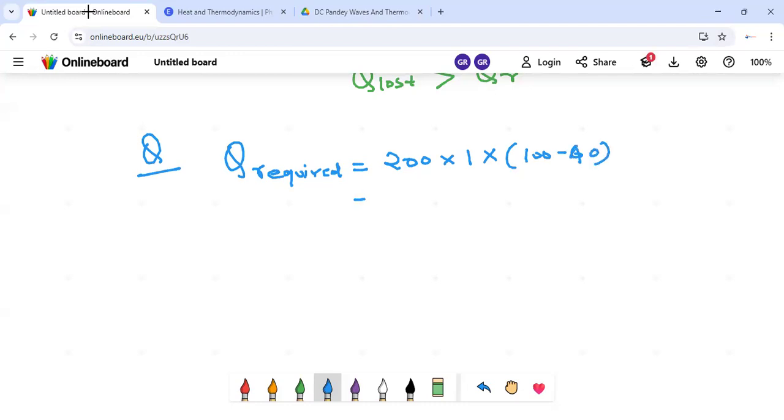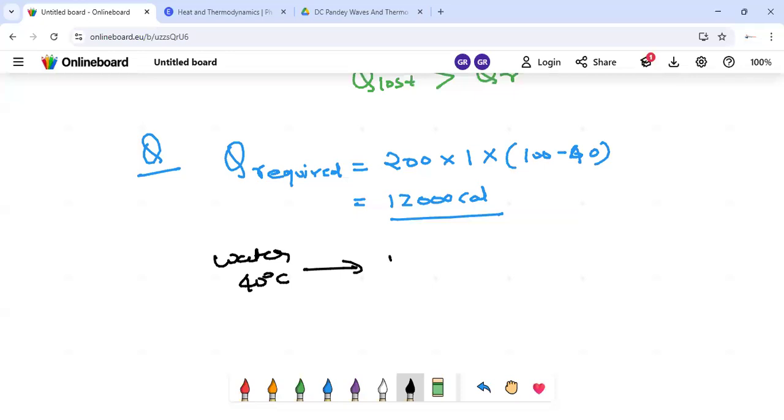Simple. This will be 12,000 calories, right? This is the amount of heat required by the water to rise from 40 degrees to 100 degrees.